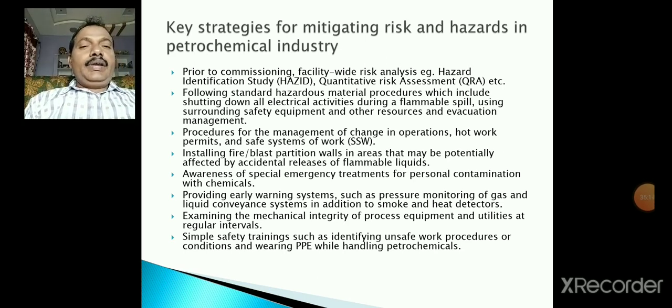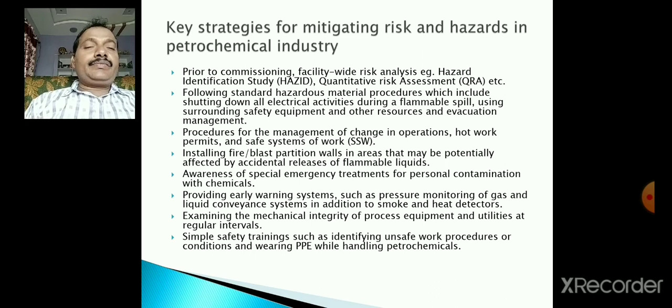And installing fire partition walls in areas that may be potentially affected by accidental releases of flammable liquids. So we have to install fire partition walls so that the releases of flammable liquids may not be affected.